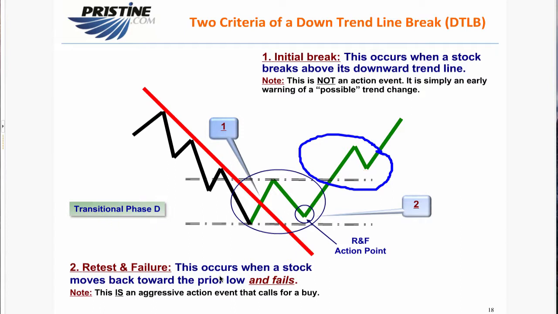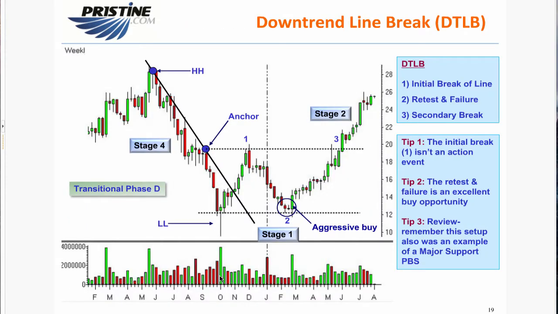Okay? So here's an example of how it looks on a chart. Trend line breaks above. First warning that the trend may be getting ready to transition or change. Price then pulls back, retesting this support area. You get an aggressive entry long that you could consider taking.